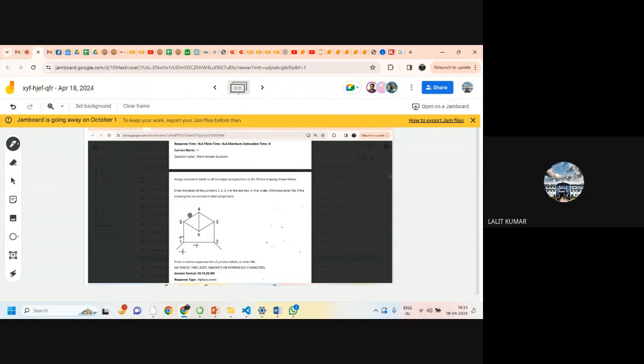Then it became plus, then it became minus, and this constraint is not there in any W. So that's why we discard it. There is no solution for this.